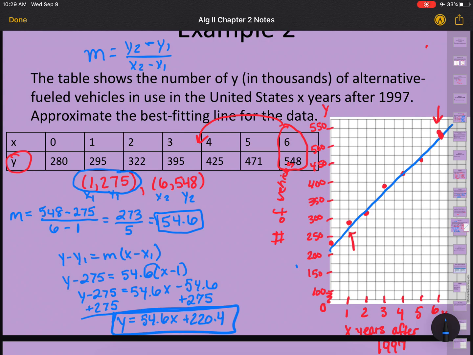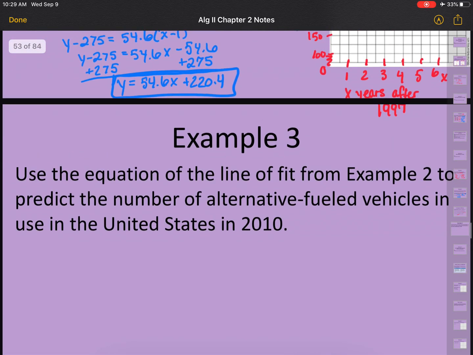In the next example it says to use that equation of the line of fit from example 2 to predict the number of alternative fueled vehicles in use in the United States in 2010. So we're still using that equation of the line we had made.